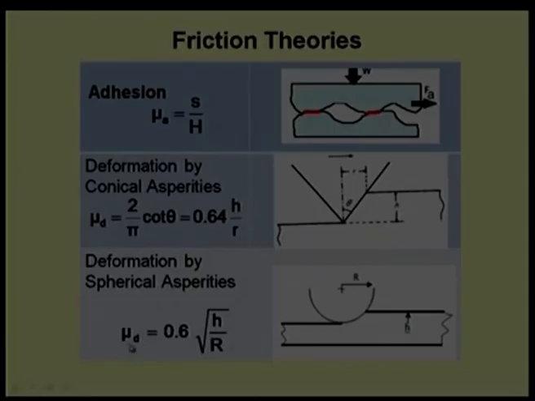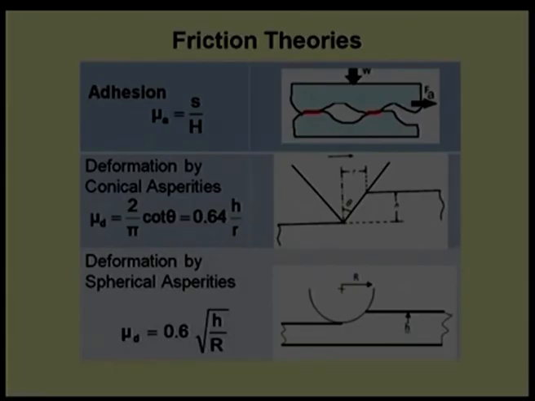You see, mu d for the spherical asperity was 0.6 square root of h by r, where R is the radius of the spherical asperity. So there is a lot of symmetry between the second relation and the third relation. Only thing is that in the second, the effect of h is much more dominant compared to the effect shown in the third expression, deformation by spherical asperity.